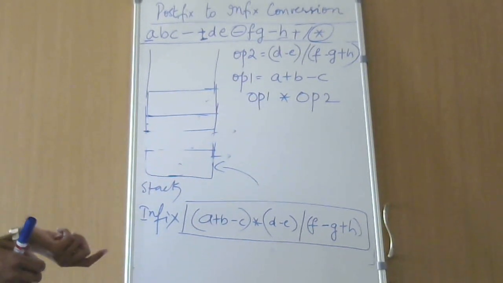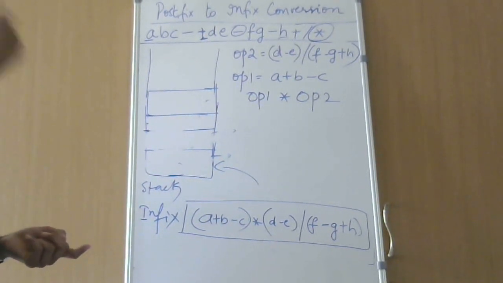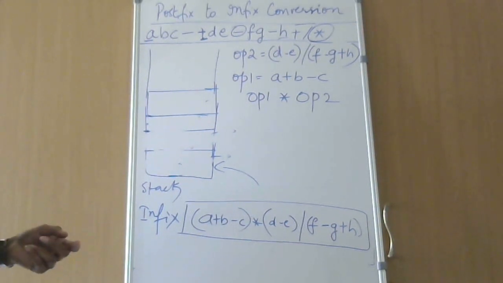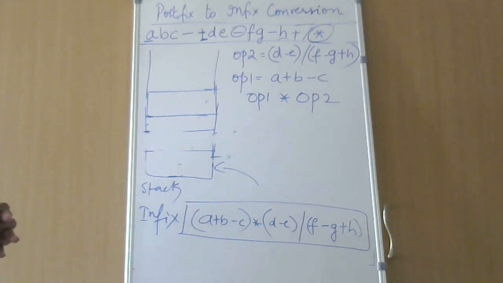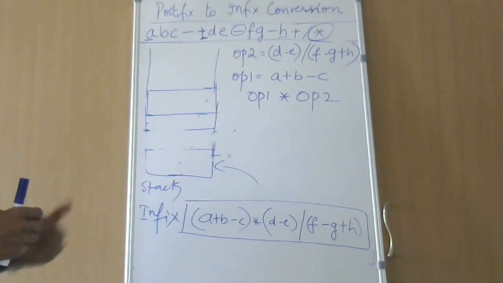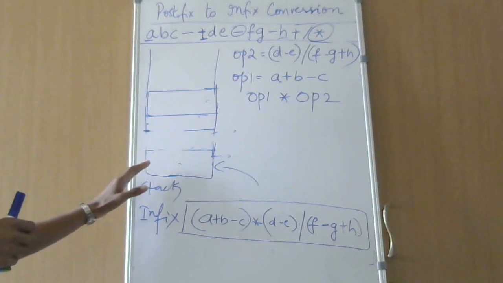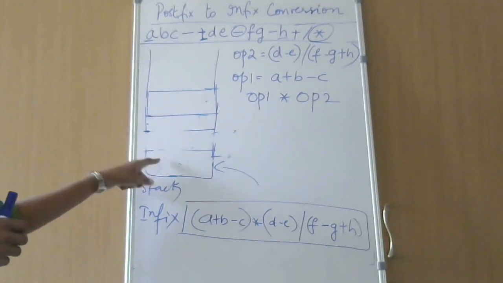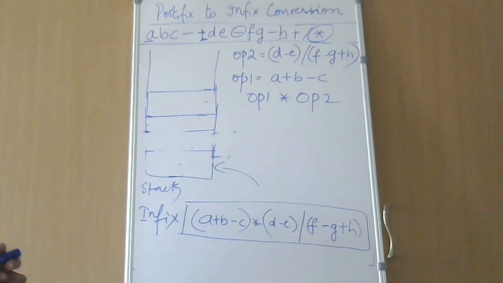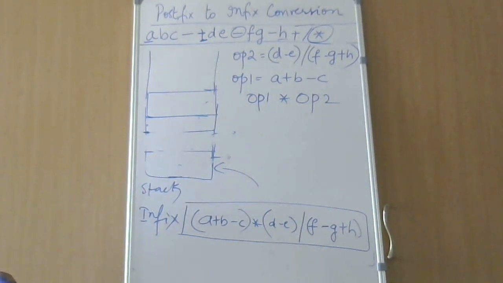If it is an operator, the top two elements of the stack should be popped out, stored in the variables, perform the operation, push the result back onto the stack. Okay, until we finish all the characters, we go on repeating these steps. Once we finish all the characters, the final result will be popped out and displayed. So I hope you have made it clear. This is how we do postfix to infix conversion.